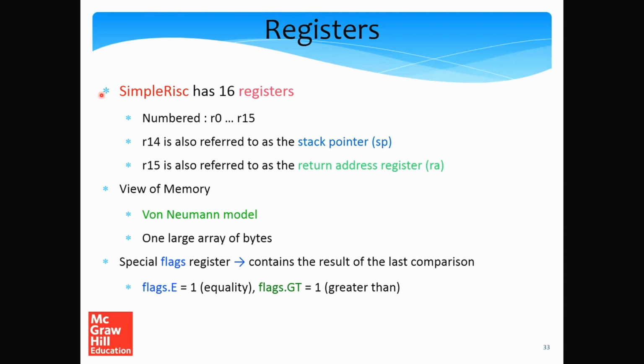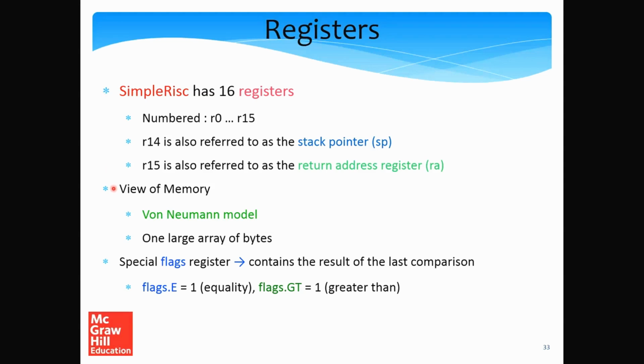Similarly, let us refer to R15 as the return address register or RA. The terms stack pointer and return address register correspond to pretty complex concepts. We'll discuss what they are in future slides, but for the time being, let's just remember that the stack pointer SP is R14 and R15 is the return address register. They have some special meanings.